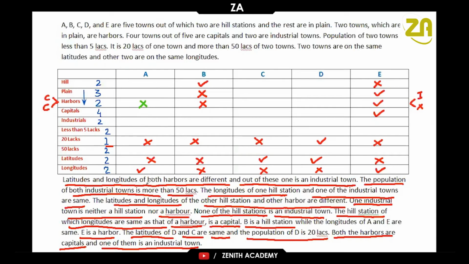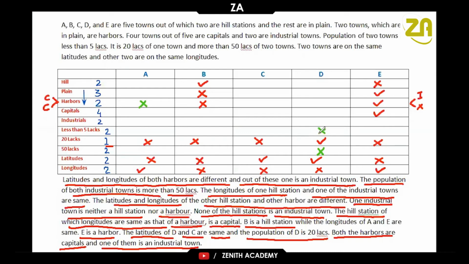So latitude and the longitude of both harbors are different, and out of these, one is industrial town. Okay. The population of both industrial towns is more than 50 lakhs. Look here, the population of D is 20 lakhs. So when it is 20 lakhs, cancel out this, not 50 lakh or not less than 50 lakh.